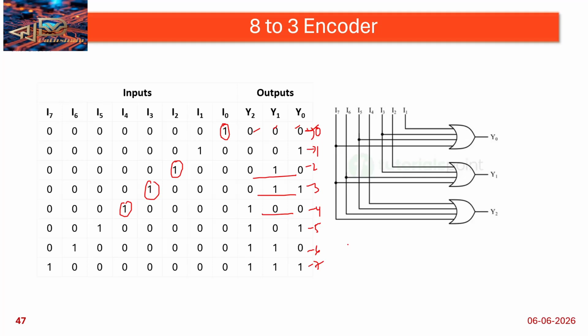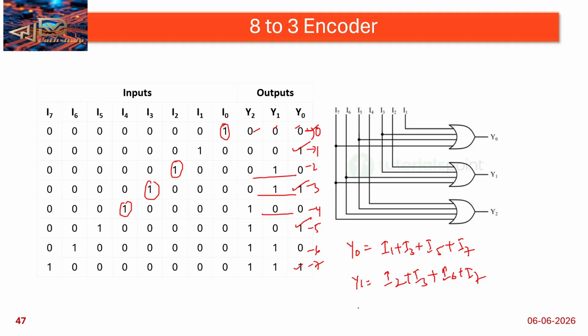Now tell me what is the output equation. Y0, where we are getting ones at 1, 3, 5, 7, that means I1 plus I3 plus I5 plus I7. And then the Y1 equation, where we are getting two continuous ones, like I2 plus I3 plus I6 plus I7.